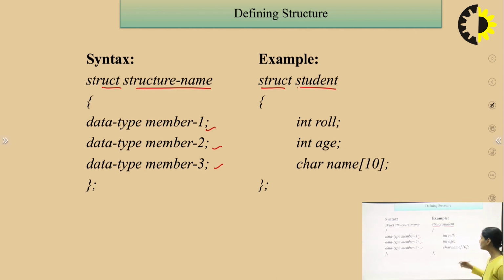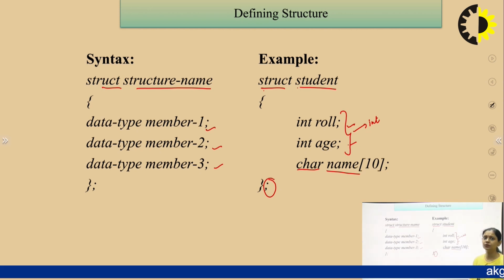Because everything will be of a different data type, here we have roll number and age that are of int data type. And the name of the student will be a string. That is why we have taken it as a char data type. One important thing that we need to notice here is that a structure always ends with a terminator.